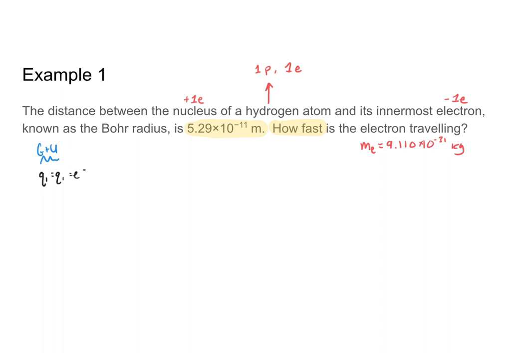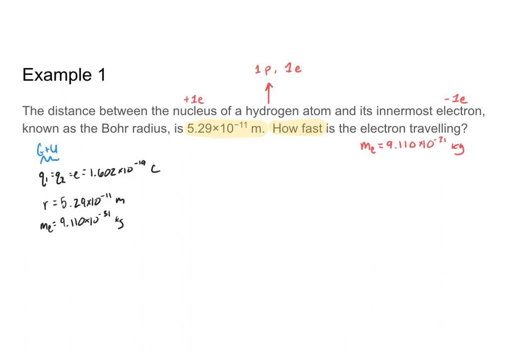So the charge of both the nucleus and the electron is the elementary charge, or 1.602 times 10 to the negative 19th coulombs. I also know that the distance between those two objects is 5.29 times 10 to the negative 11th meters, and that the mass of the electron is 9.110 times 10 to the negative 31st kilograms.